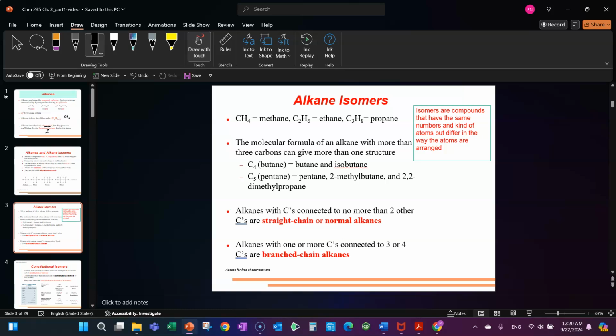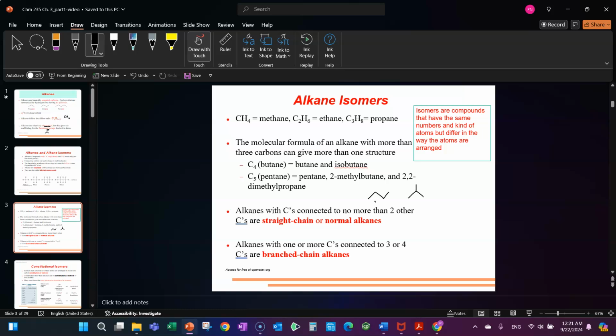Molecules with the same molecular formula but different arrangements of the atoms will result in the formation of isomers. So for example, we can have alkanes which are straight chain alkanes, or they can be branched chain alkanes. That would be an example of an isomer. So for example, you can have butane drawn like this, or you can have the same number of carbon atoms and hydrogen atoms but drawn in this manner.